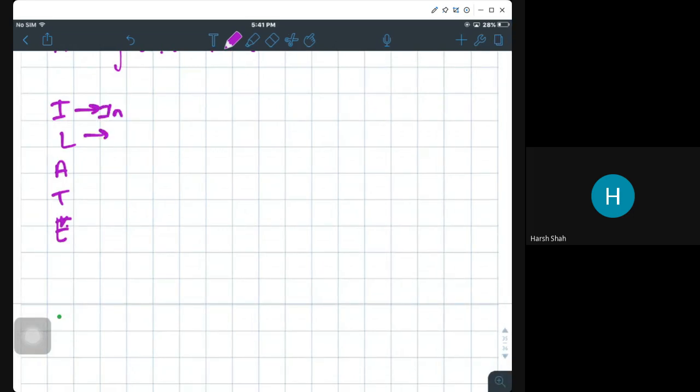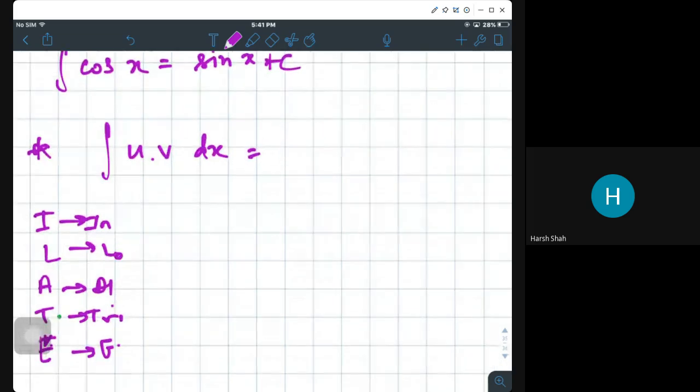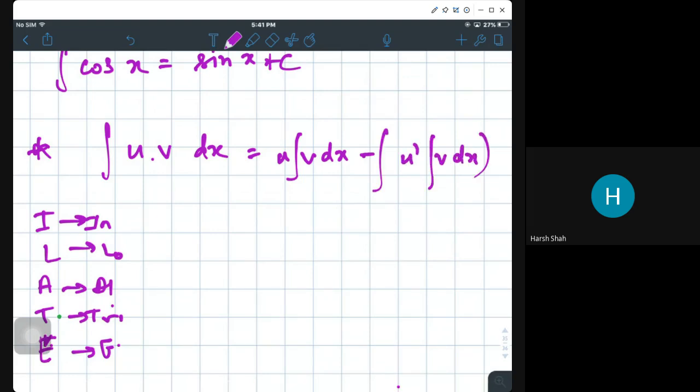The one that comes lower in the series is v, the one that comes above is u. And then the value of this is u integration v dx minus integration of u dash integration of v dx. This will give you the direct value.